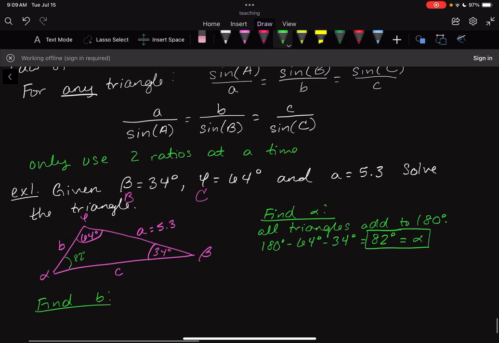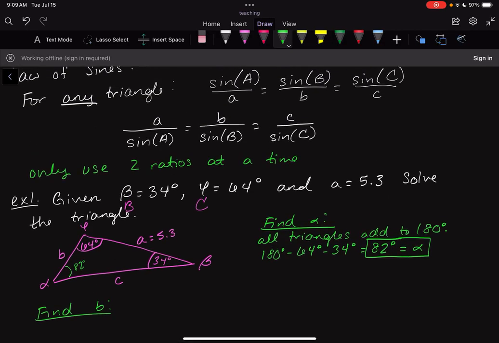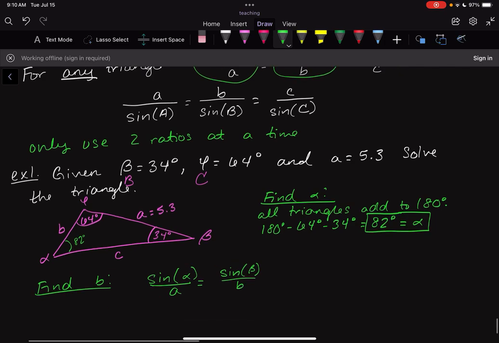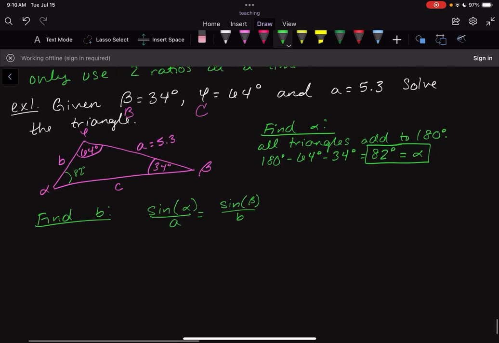So to do that, if I'm looking at my law of sines, I know all the stuff that involves A. So I definitely want to use that. So I have sine alpha over A. And then since I'm looking for B, I want the stuff with B. So sine beta over B. Now we can go ahead and plug everything that we have in.